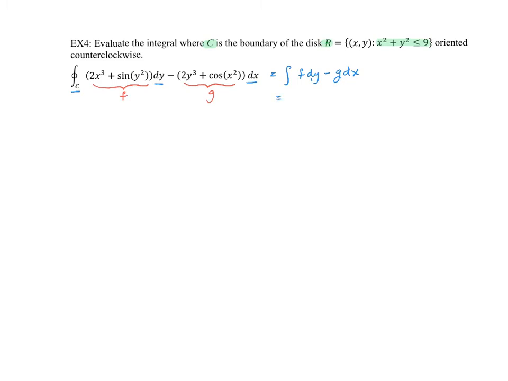I can use Green's theorem to write this as the double integral over my region, partial of f with respect to x plus the partial of g with respect to y.